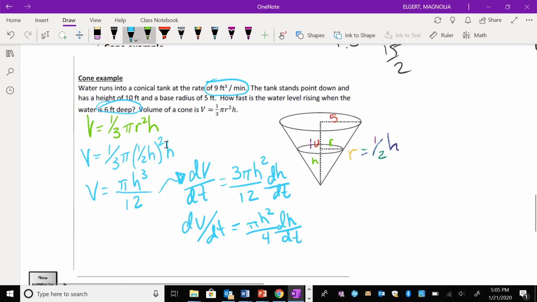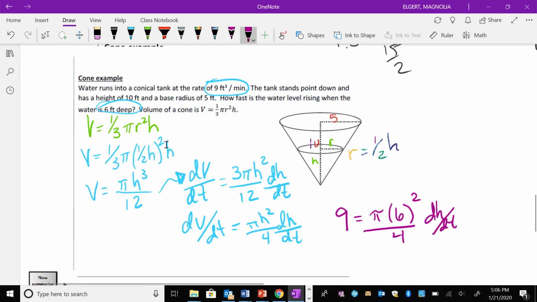So going back up, they gave me the rate of the volume was 9 cubic feet per minute. So 9 is equal to pi times h squared, which, what is h? h is 6. So 6 squared over 4 times the rate at which the height of that water is changing.